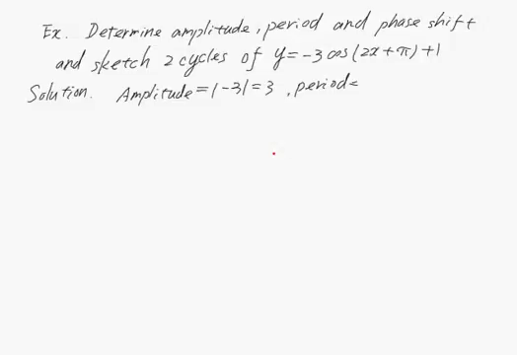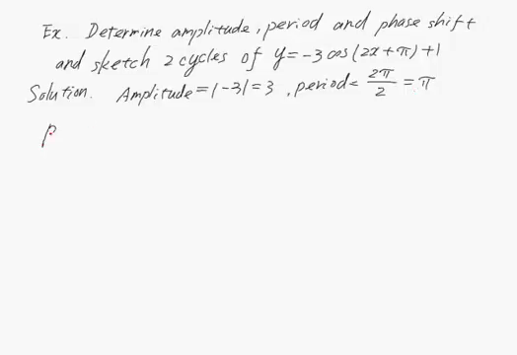Pi or negative pi or anything else? You need to use 2 pi divided by the coefficient of x, right? So divided by this 2, then you get pi. So the period is pi.